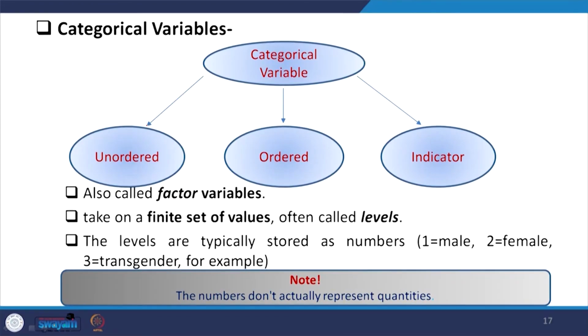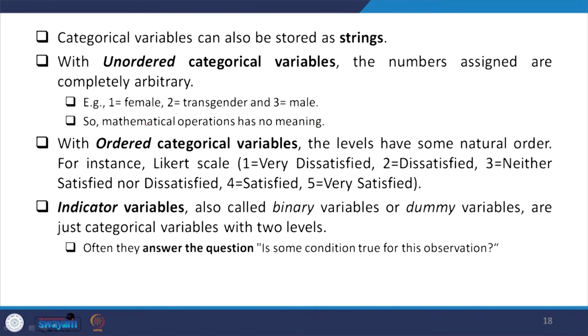So, please do not read it that way in case of ordered or unordered. Ordered ones generally have higher numbers for higher values, but in case of unordered ones, those numbers never represent any value. So, mathematical operations on these numbers are not possible. There are some specific mathematical operations suggested, we will tell you in that particular lecture. Now, categorical variables can also be stored as strings, as I mentioned while understanding string variables.